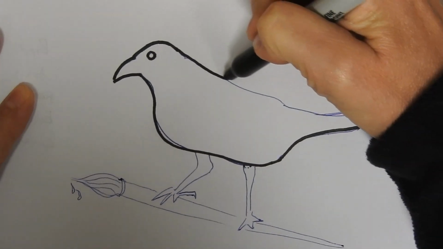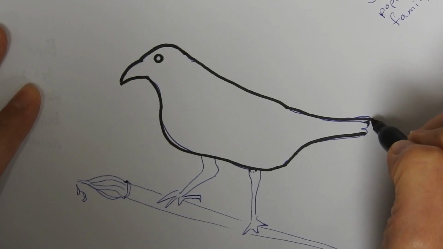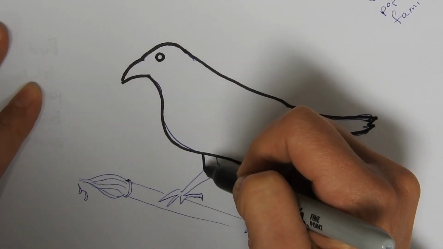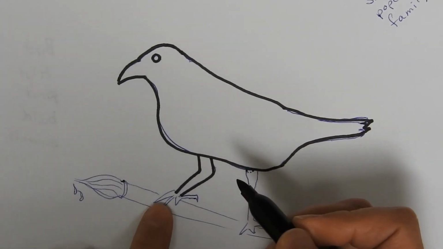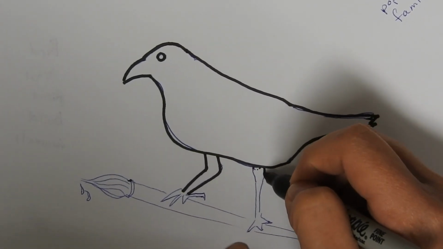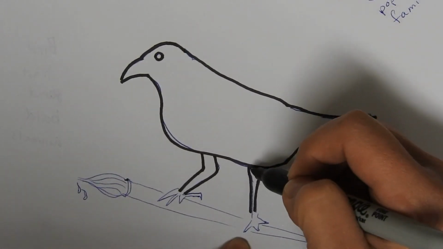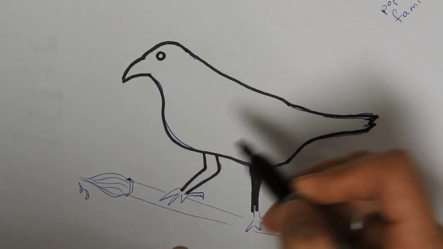I'm going to simplify back here these tail feathers. I'm just going to do that. I have to think carefully about here and here because I want to be able to see the feet and the paintbrush. So I'm going to go ahead and color this in just so I can start to see how that's going to look.